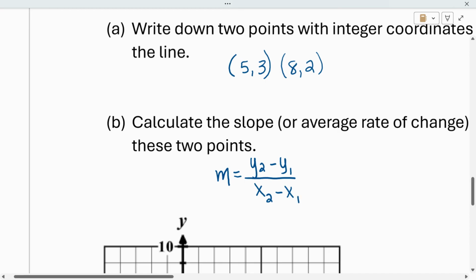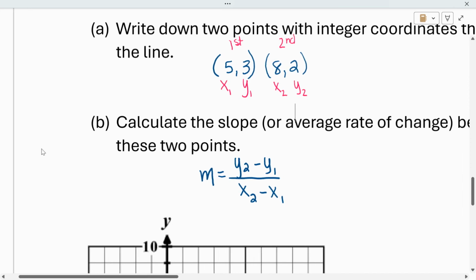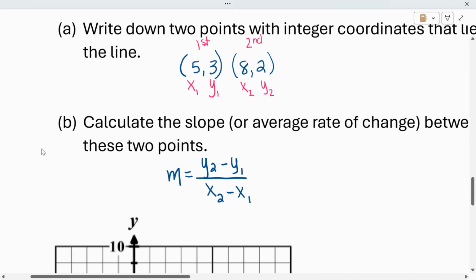All of those little smaller numbers next to the x's and the y's just mean the number of the ordered pair. So this is my first ordered pair, so this is x1 and y1. This is my second ordered pair, so this is x sub 2 and y sub 2, because it represents the x and the y coordinate from the second ordered pair. That's all that means, okay?